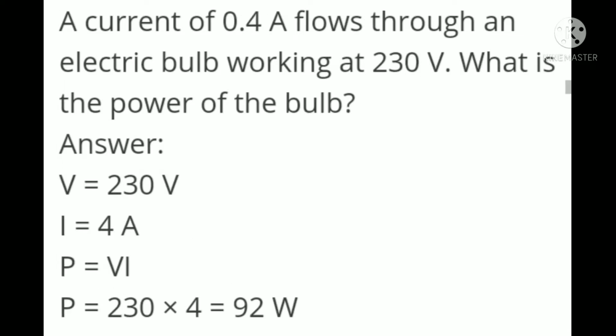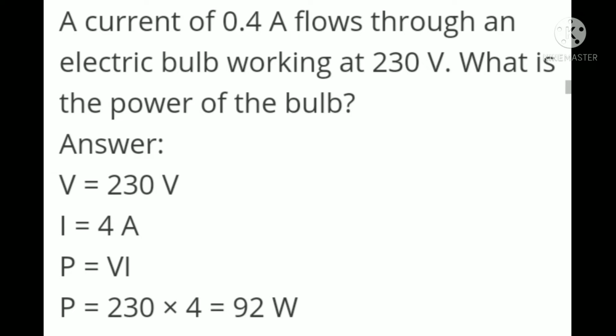We can calculate problems. A current of 0.4 ampere flows through an electric bulb working at 230 volt. What is the power of the bulb? Firstly, we write the given factors, that is potential difference V is equal to 230 volt, current I is equal to 0.4 ampere. Here written 4 but it is 0.4 ampere.